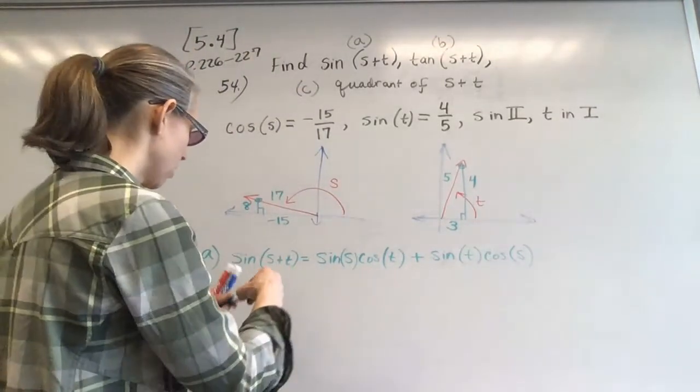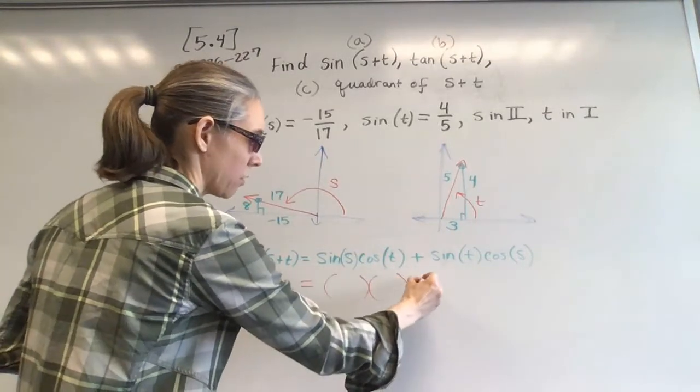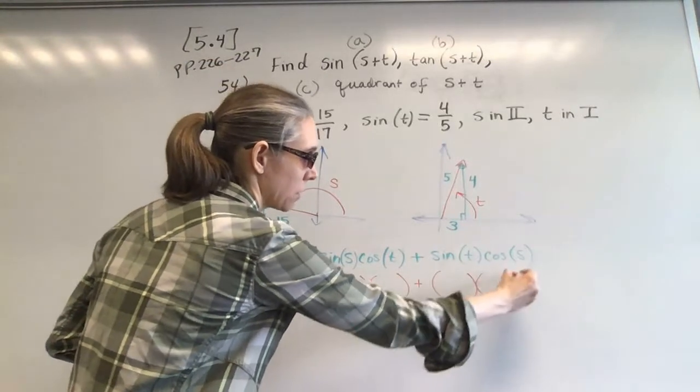Okay, so now I'm going to replace each of these values. Yay for the commutative property of multiplication and addition.